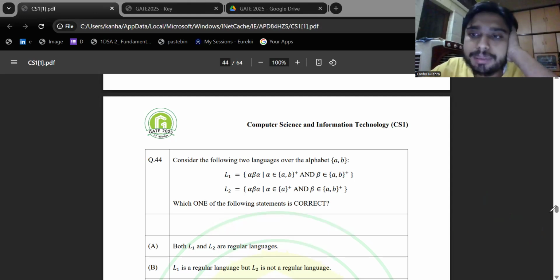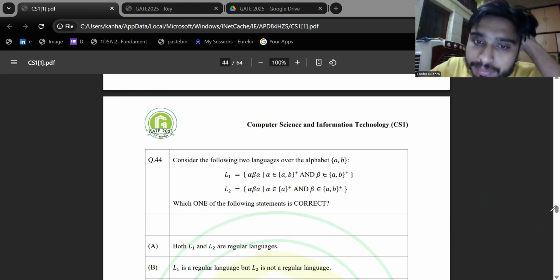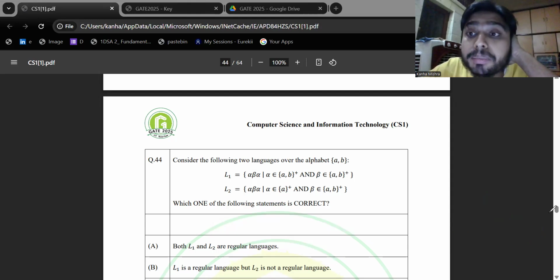Pumping lemma. What is the pumping lemma? It is used to prove whether a language is regular or not. If a language is regular, then there exists a number p, which is the pumping length, such that any string with length of s greater than or equal to p can be split into x, y, z, satisfying the following conditions. Let me write that.